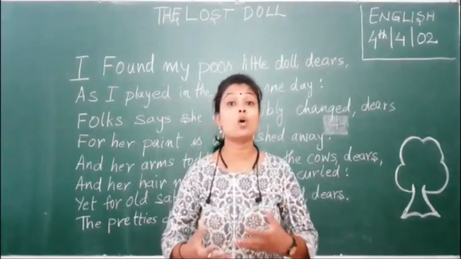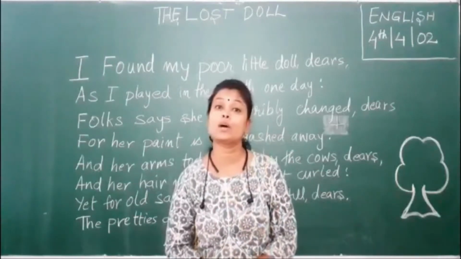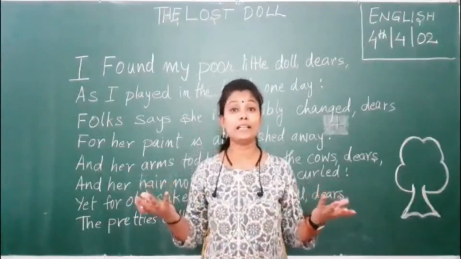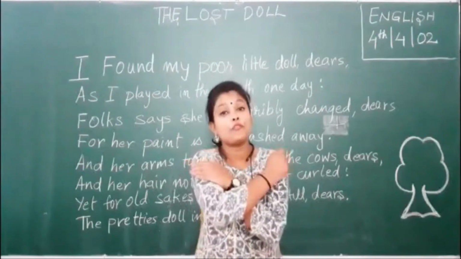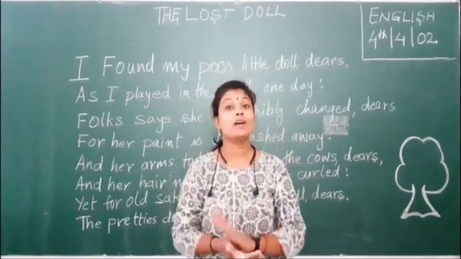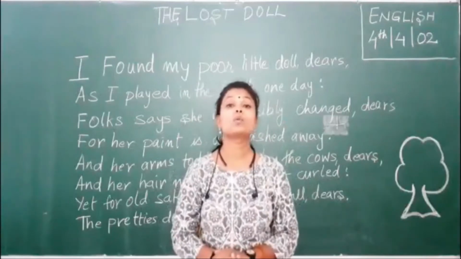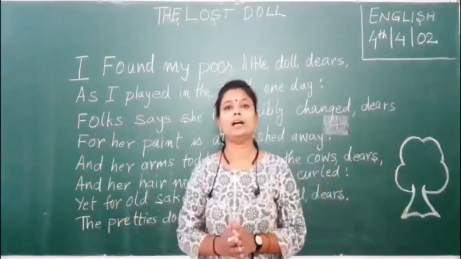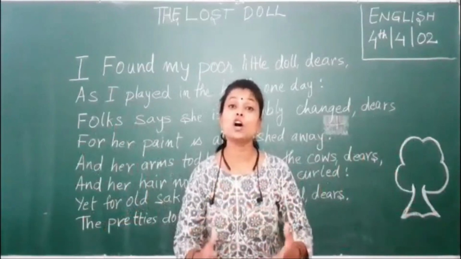There was one girl, a very pretty girl. She had one thing which was her favorite. What was that? That was a doll. She enjoys playing with a doll and it was the prettiest doll.